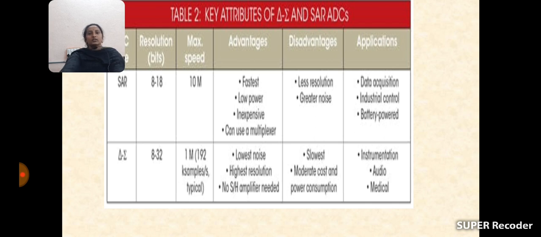And this is also used in audio recorders, video recorders, and also in medical applications. These are the applications of and comparison between the successive approximation and counter type converters.